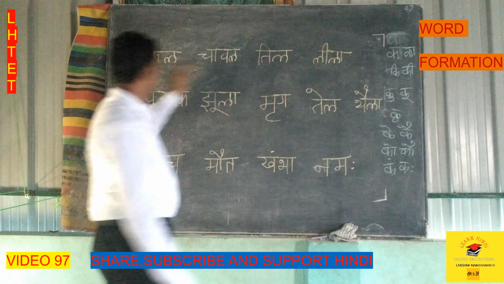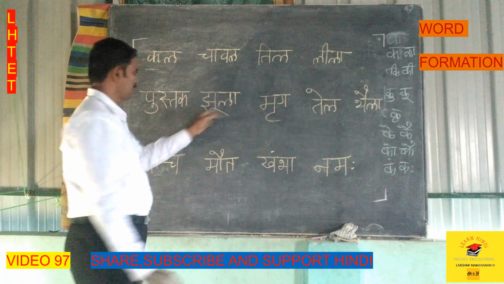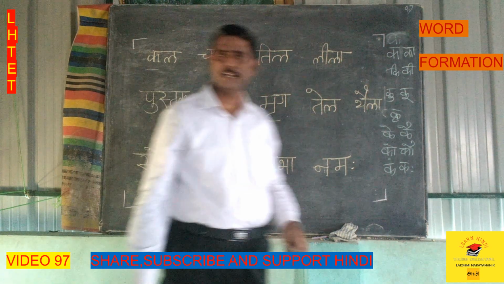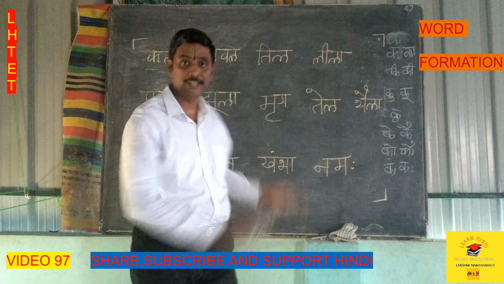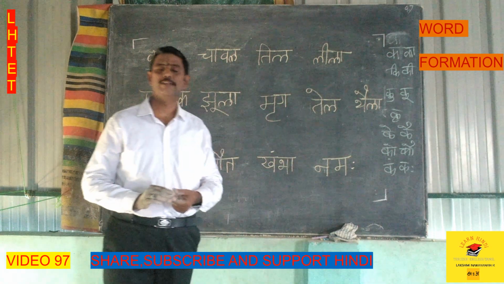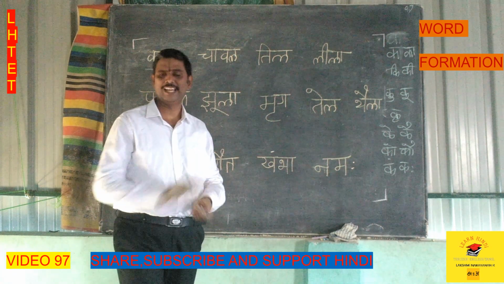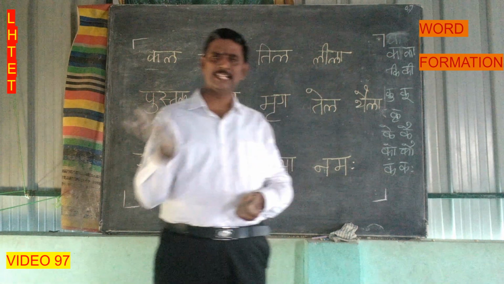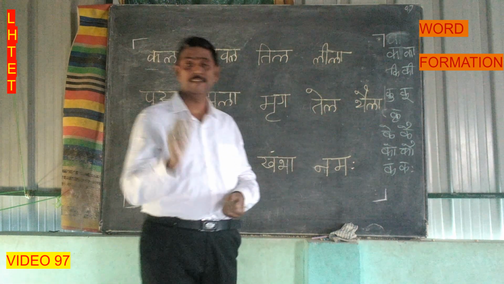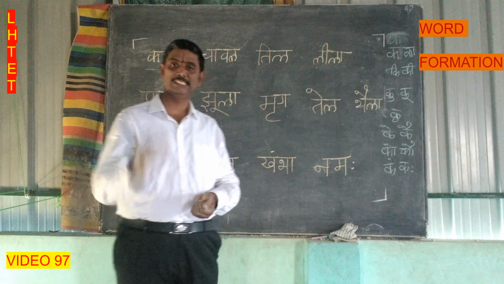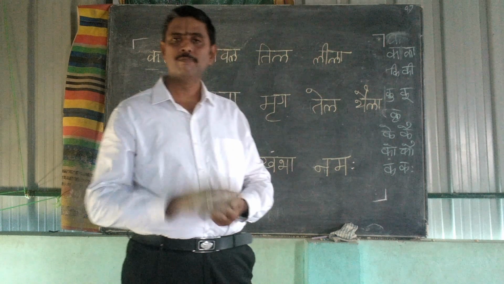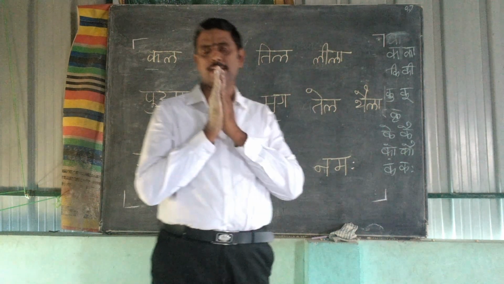So there are totally 13 vowels which are used with different consonants, and we have seen the formation of words. Like this, we can make so many words, whether meaningful or meaningless, no issues. But making words is very important, and this is the first step into entering into making sentences. Namaste. Dhanyavad.